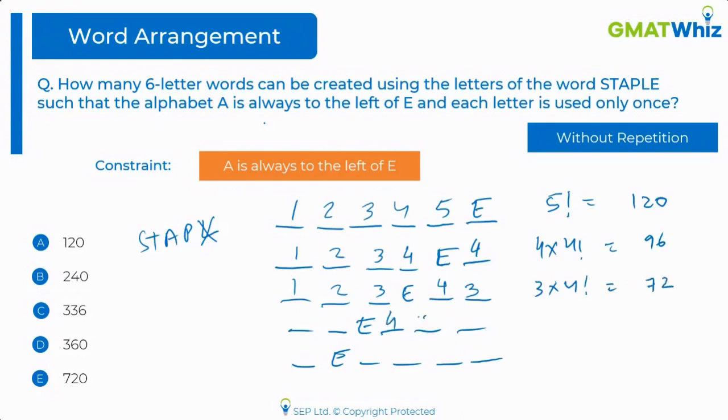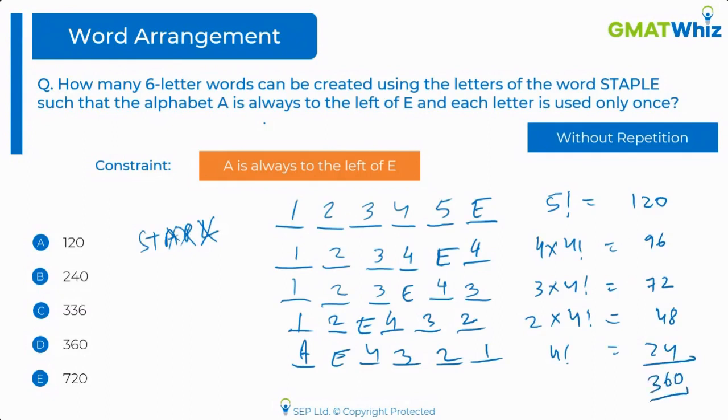Similarly, this is 4, 3, 2, and let's say I end up consuming this, so I have 2 and 1. So this is 2 into 4 factorial, which is 48. And similarly 4, 3, 2, 1, and only one option, which is A, has to be placed here. So this is 4 factorial, which is 24. The moment you add all of it, you get to 360, which is the correct answer.